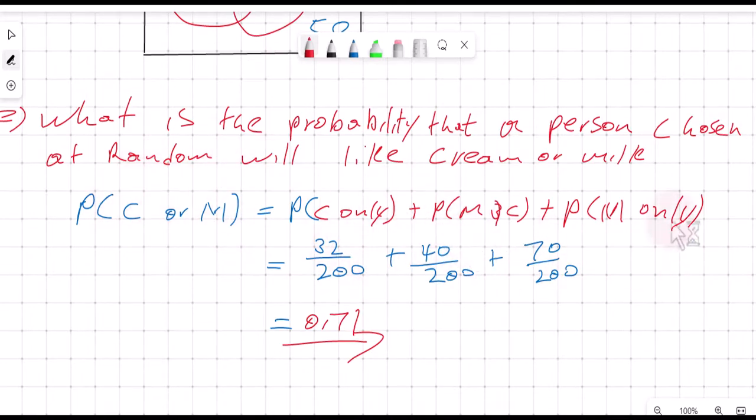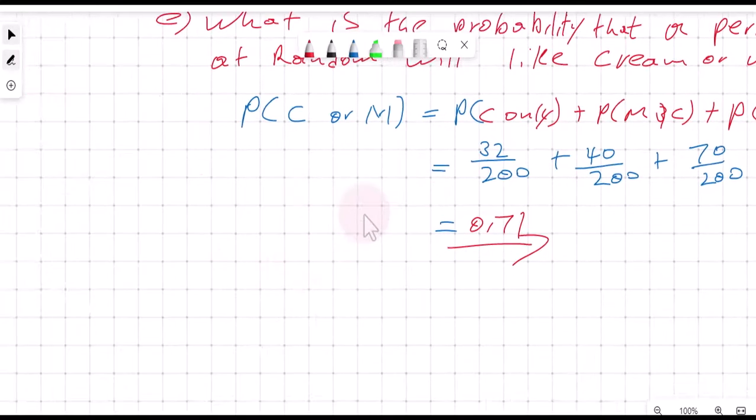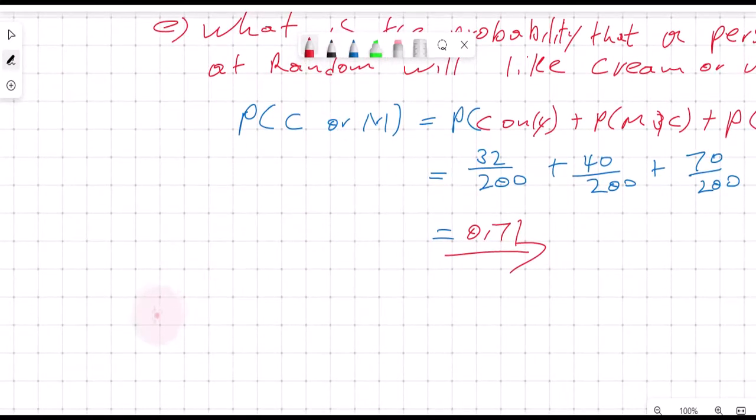Now we move to the next question, which is number F. What is the probability that a person chosen at random will not like either cream or milk?